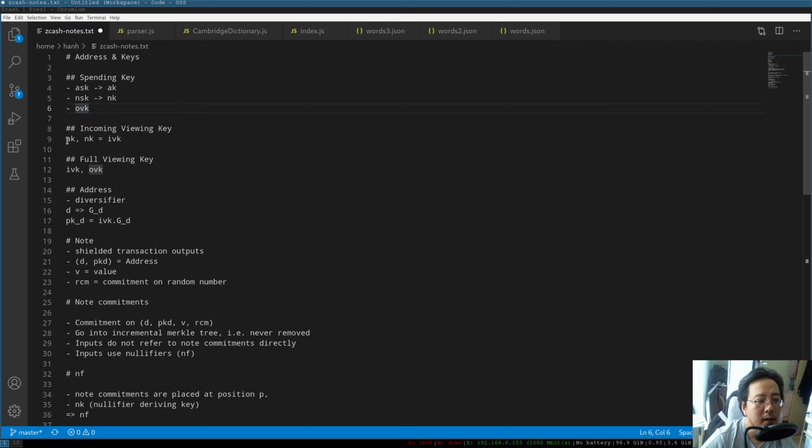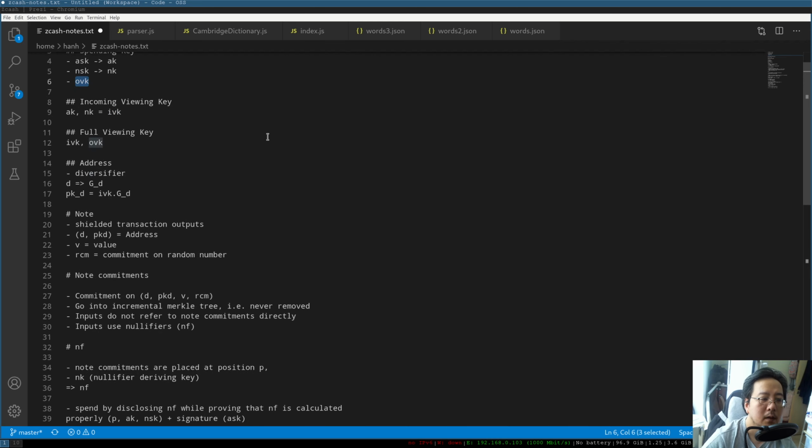Then you combine the AK and NK, so now we're talking about public points, to form the incoming viewing key, and we will see that IVK and OVK will be used in the process of encryption whenever we create outputs. So the entire full viewing key is the combination of the incoming viewing key and an outgoing viewing key.